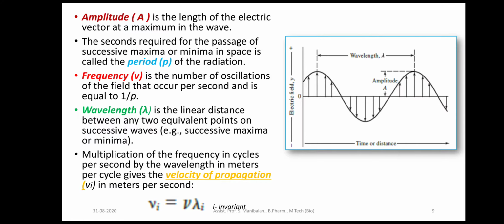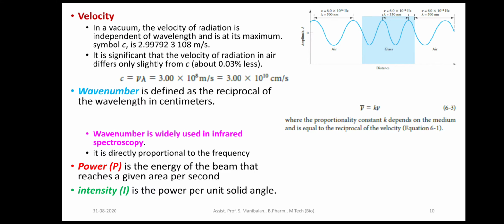It depends on the medium. If it is in air, it passes much faster than in a liquid medium, mainly due to the density of the medium. So it is v_i = ν λ_i, where i means invariant.